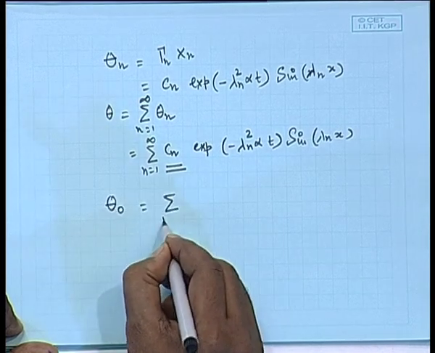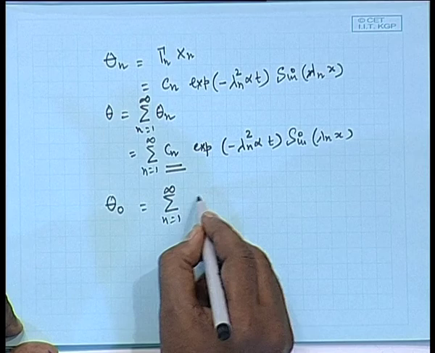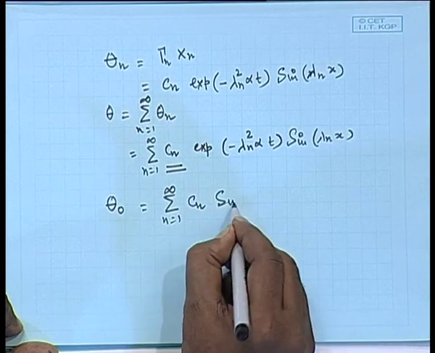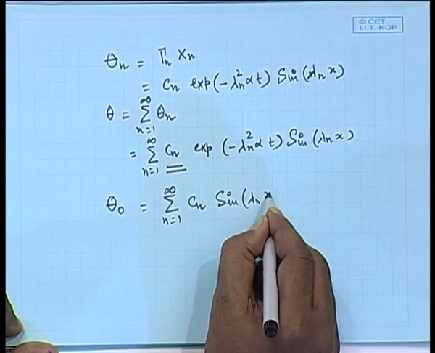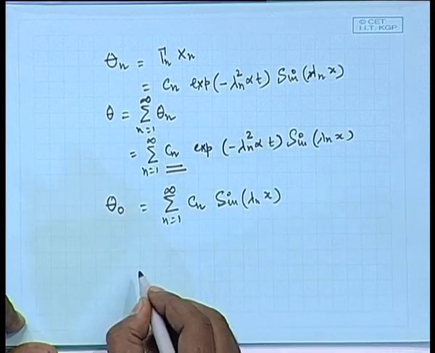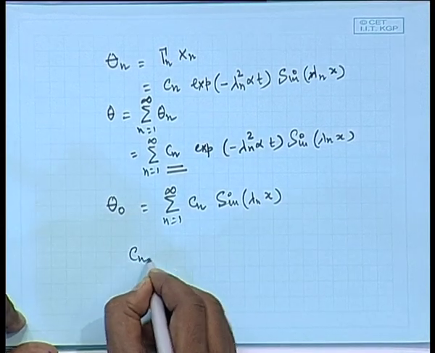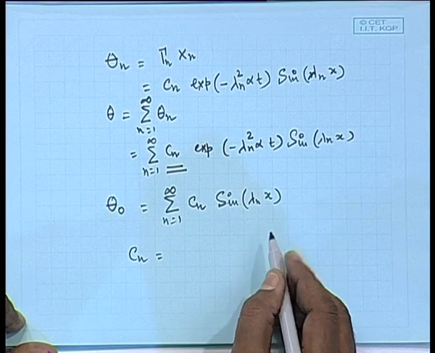Theta 0 equals summation n equal to 1 to infinity Cn sin lambda n x. So the sine functions are orthogonal to each other.